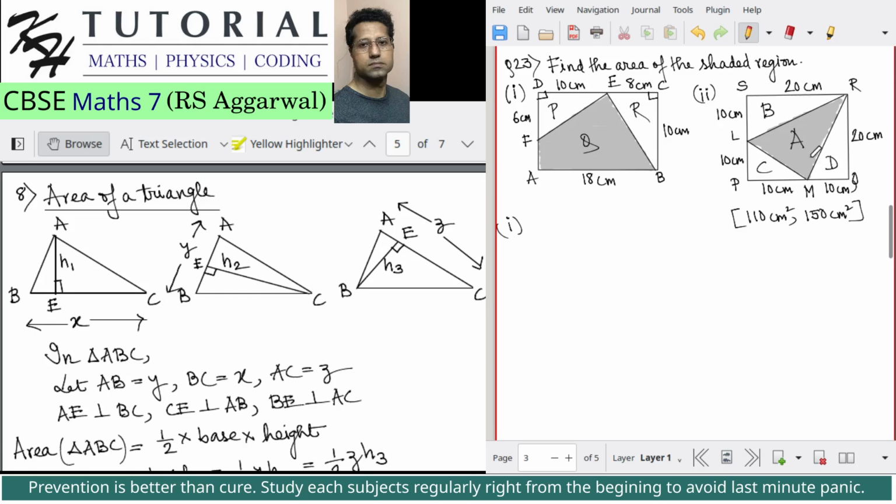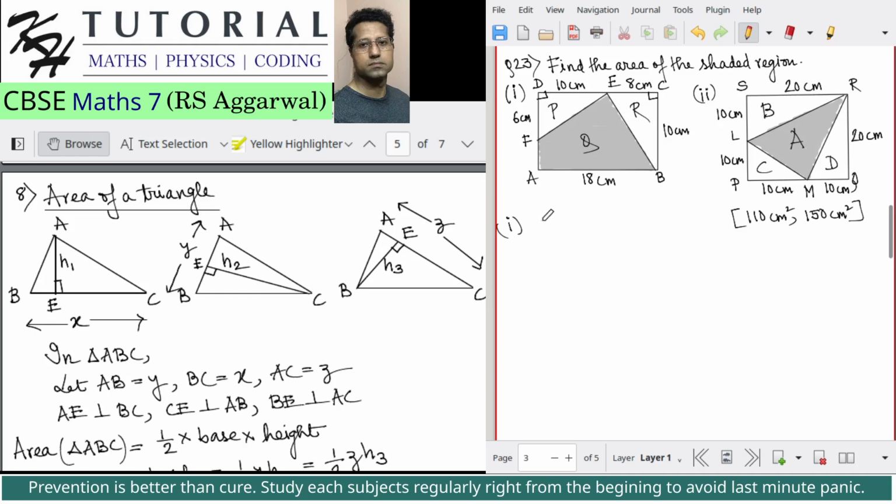So there is no easy way that we will know the base and height of the triangle A, that is the shaded region, but we can easily find the base and height of the other triangles, that is B, C, D. So we can easily find the area of the triangles B, C, D, and then we can subtract their total area from the square. The enclosing figure is PQRS, which is a square.